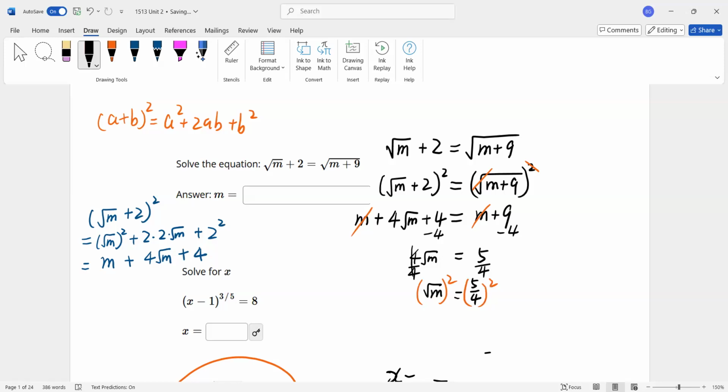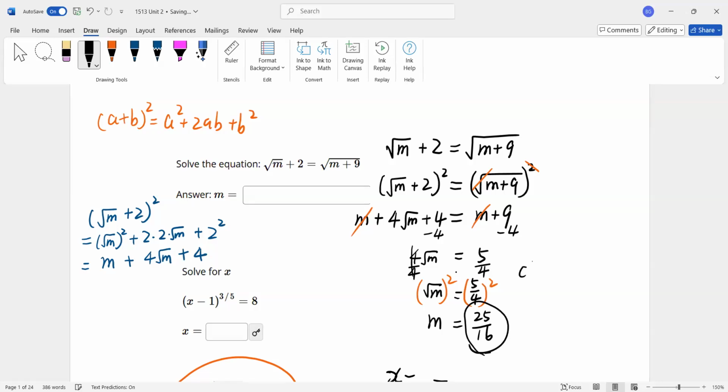We raise both sides to the power 2 to get rid of the radical on the left side. The square cancels the square root, and that gives us m on the left side, and on the right side we have 5 over 4 to the power 2. 5 over 4 times 5 over 4 gives 25 over 16. And this is the proposed solution.